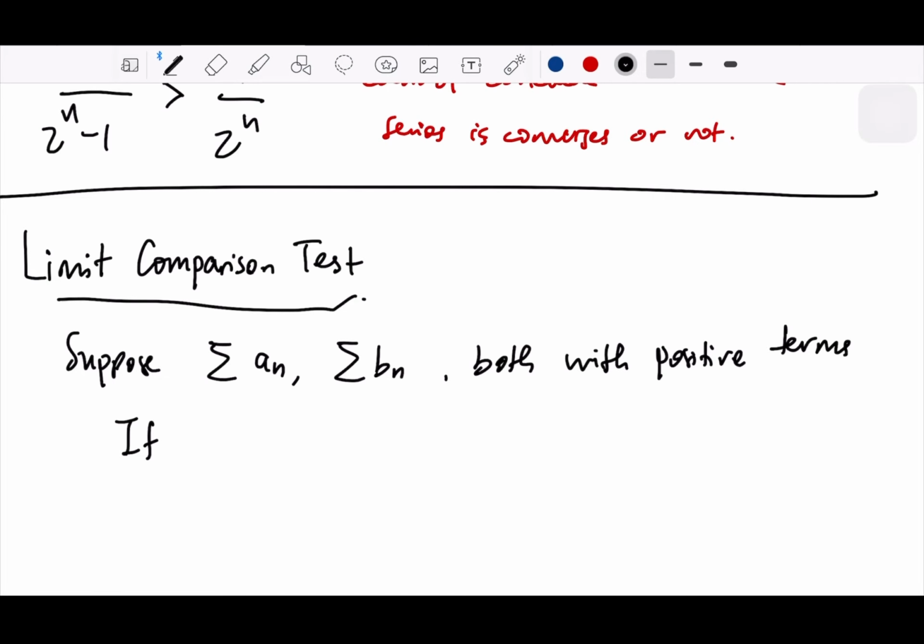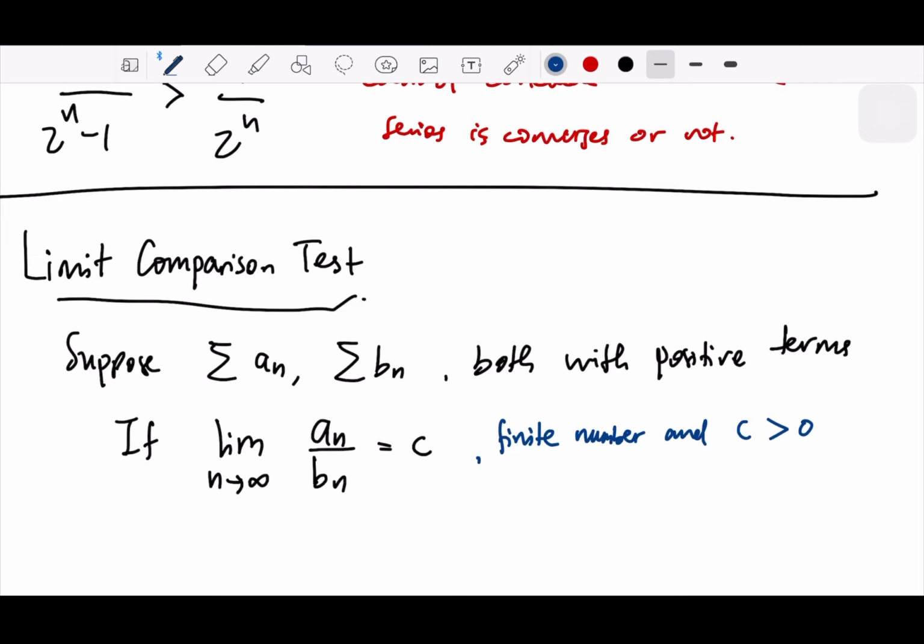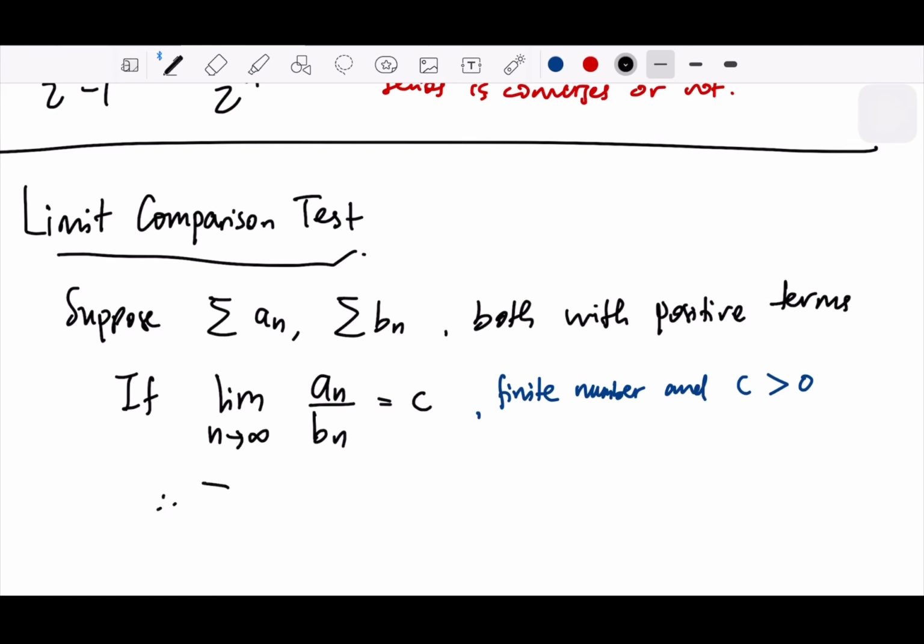If the limit as n approaches infinity of An over Bn equals c, and c is a finite number and c is positive, greater than 0, the conclusion will be that both series either converge or diverge.